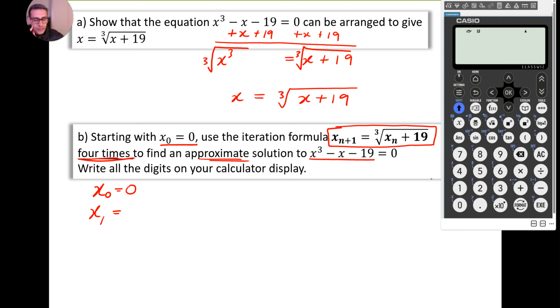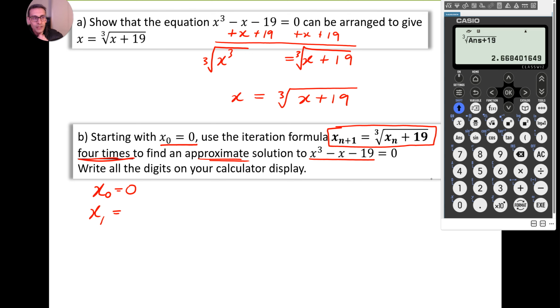The first number is 0, so 0 equals, and then we're going to press cube root, which will be shift here, and then that's going to be a small 3 of answer plus 19. All of that has to be under the root.